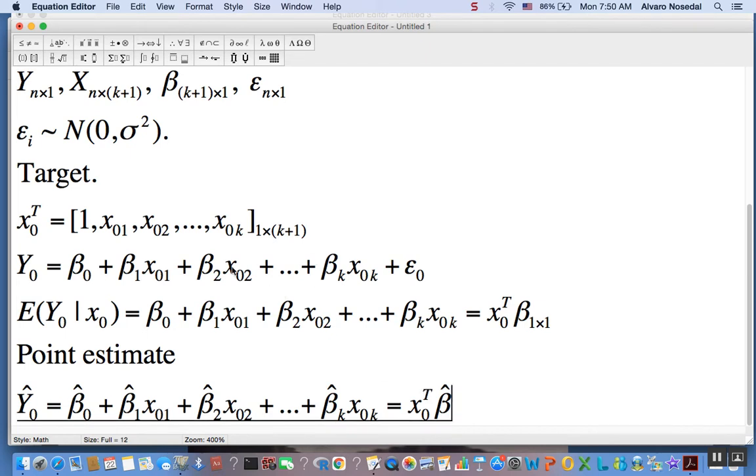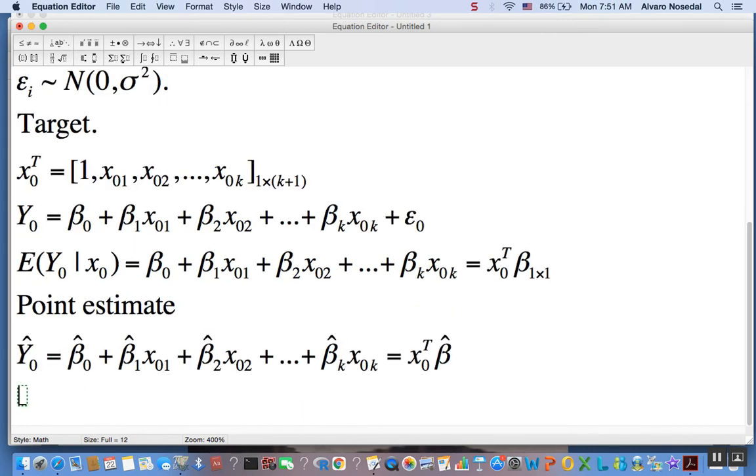This one's dimensions remain unchanged, and then we end up with a 1 by 1 vector, which is just a scalar. Okay, so that's going to be our point estimate of our target. That means that now what we need is to obtain that margin of error.